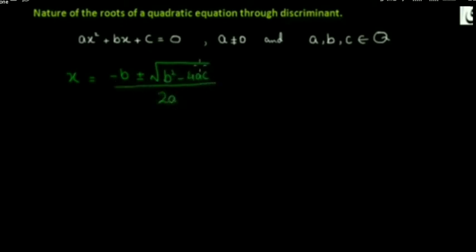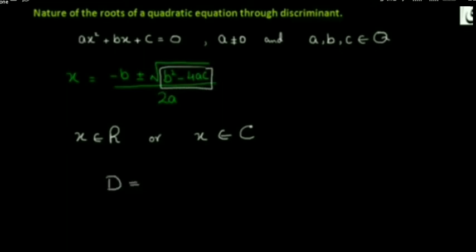We have read that b square minus 4ac is the discriminant. Today, with the help of the discriminant, we will see whether the roots or the values of x are real or complex, and we'll verify with the help of the quadratic formula.